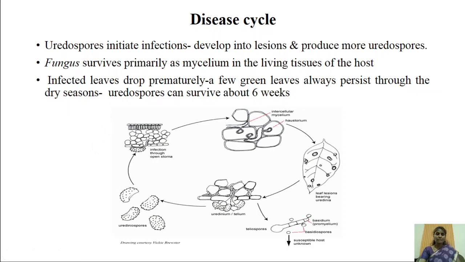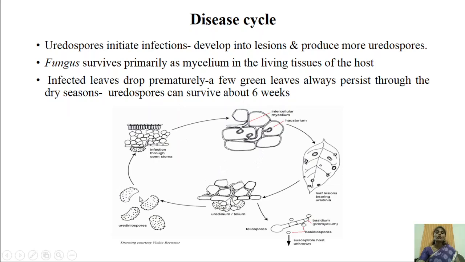This mycelium starts infecting the leaves, and as a result it produces a number of uredospores, and the leaf turns brown in color and falls off. A few green leaves always persist into the dry season, where uredospores can survive for about 6 weeks.